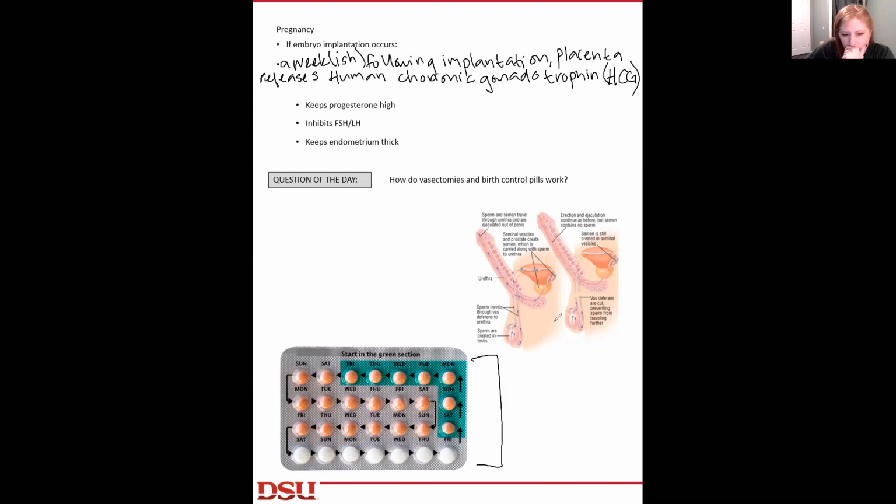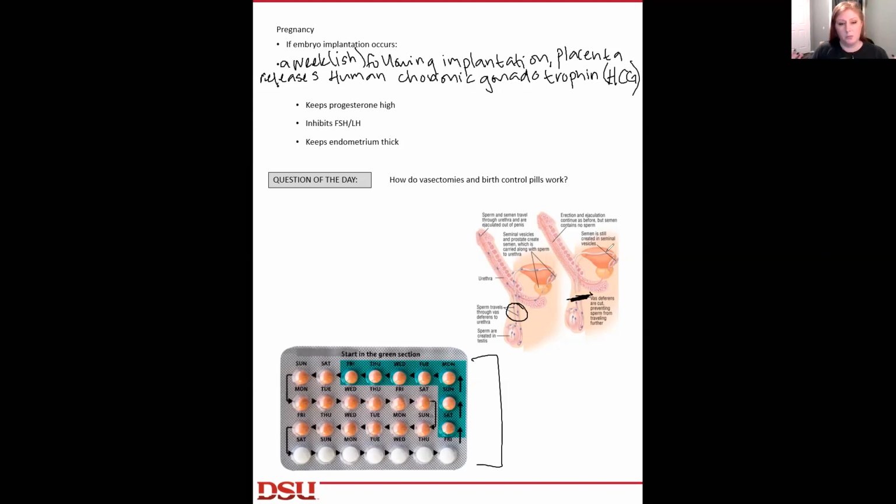There we go. So we have the vas deferens here, which, if you remember last lecture, is where matured semen is stored and where it will be released from during ejaculation. They cut those off right there.